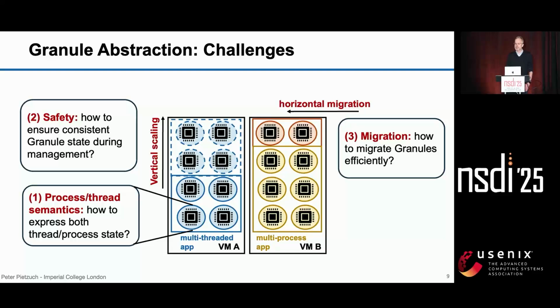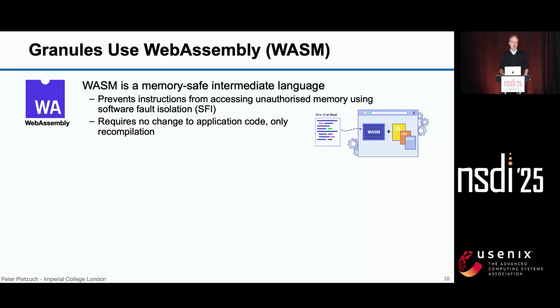So one of the key ingredients that we have for overcoming those challenges is that granules use WebAssembly to execute the application. WebAssembly is a memory-safe intermediate language, and we can take existing application code in a supported language and simply recompile it to obtain a WebAssembly representation.